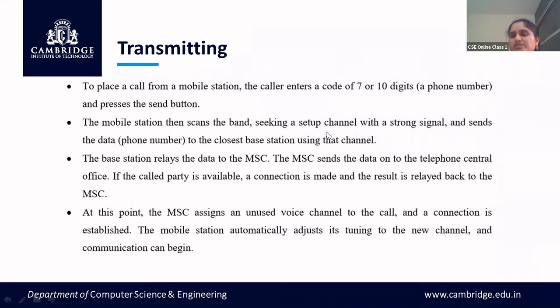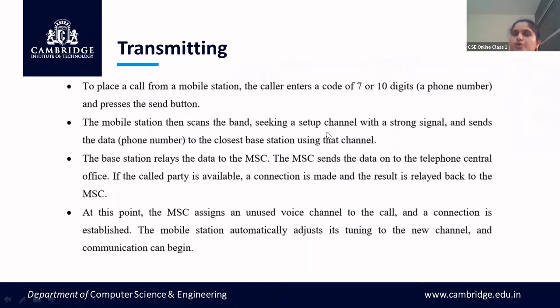With a 7-digit number with a code or a 10-digit mobile phone number, and you will press the send button or the call button. So what happens internally is whenever you do this, the mobile station will scan the cell. When it scans the cell, it will come to know which band, or which range of frequency, your cell belongs to.